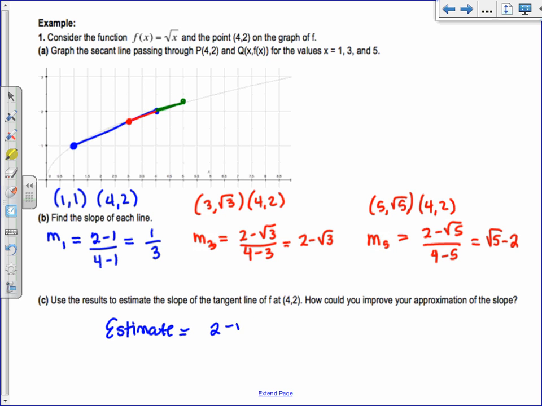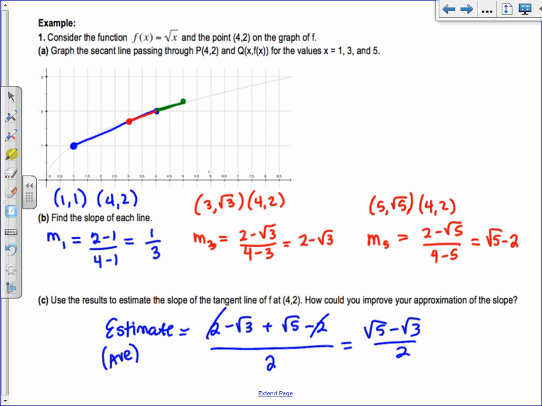I'm going to have 2 minus root 3 plus root 5 minus 2 over 2. I'm taking the average, right? So root 5 minus root 3 over 2. So let's see what those are. 2 minus root 3 is 0.2679, somewhere around there.